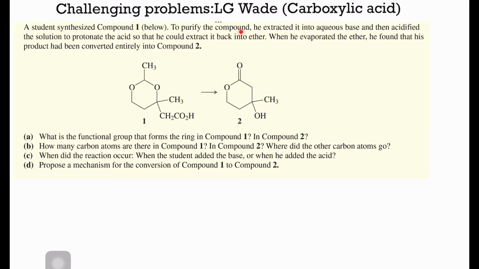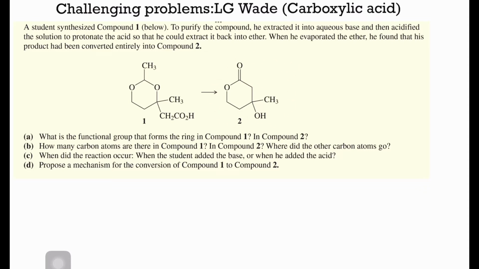To purify this compound, he extracted it into aqueous base and then acidified the solution to protonate the acid so that he could extract it back into ether. When he evaporated the ether, he found that his product, that was 1, has been converted entirely into compound 2.